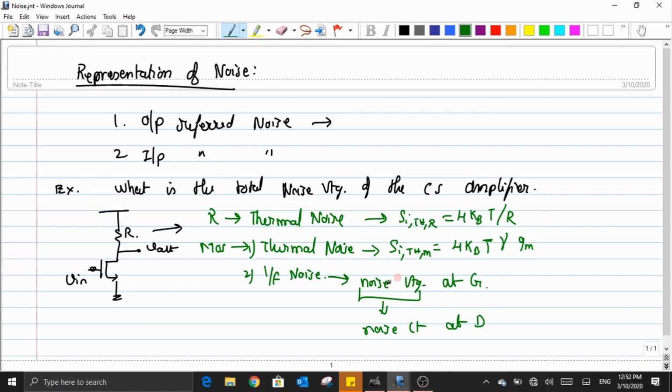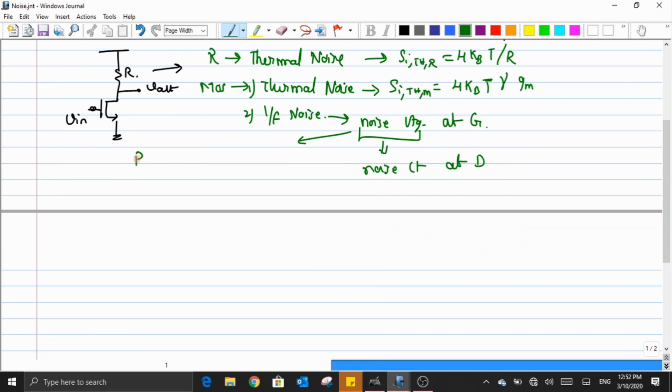So first let me write the power spectral density of this noise voltage at the gate. It is written as something like K divided by Cox into length into width into 1 over f.